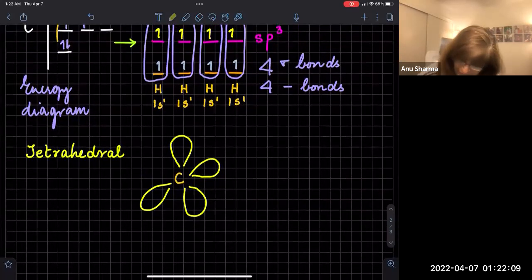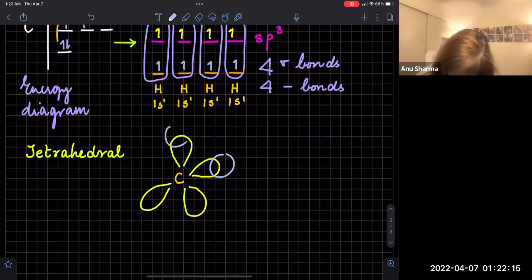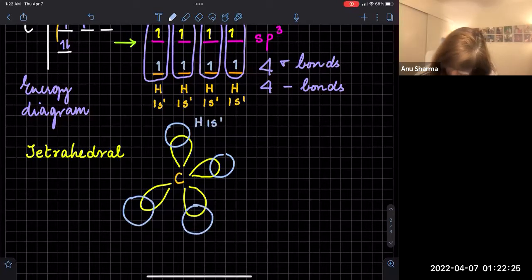Okay, next you are just going to place the hydrogens 1, 2, 3, and 4. Okay, so this is hydrogen 1s1, hydrogen 1s1, hydrogen 1s1, hydrogen 1s1.